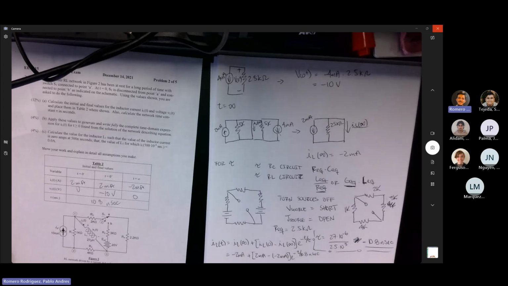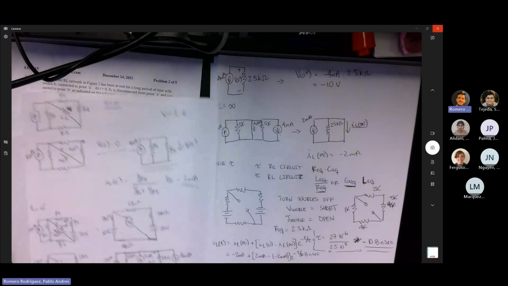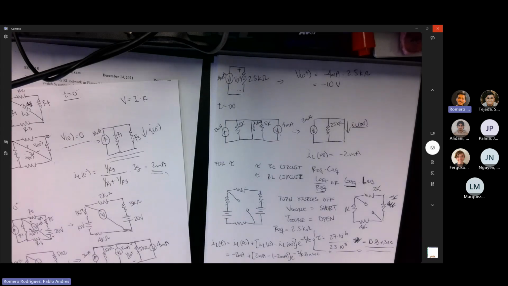There is part A, B, and we have C at the end, but C should be somewhat simple, I think. Okay. Look at that.